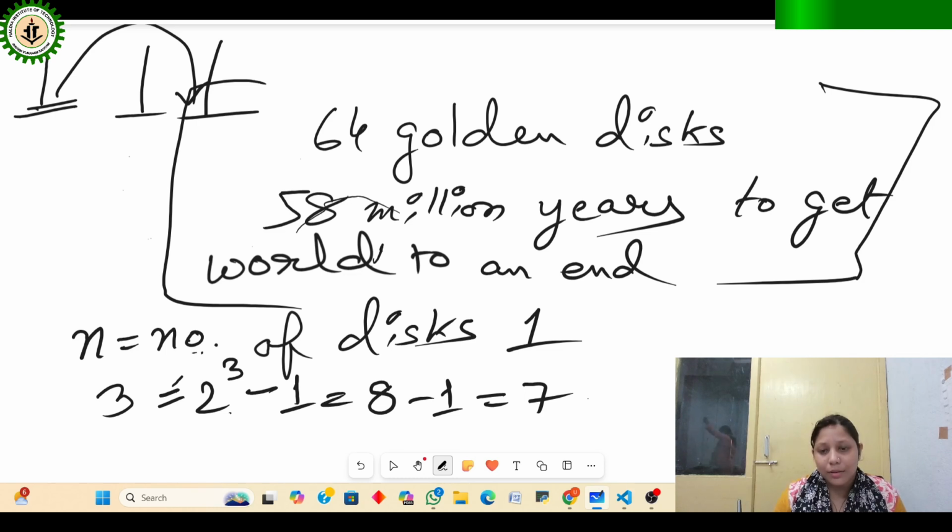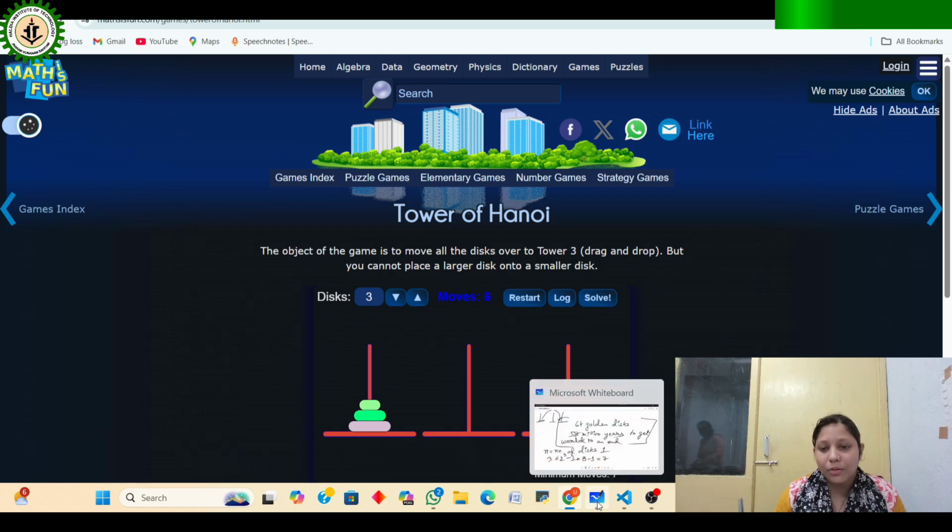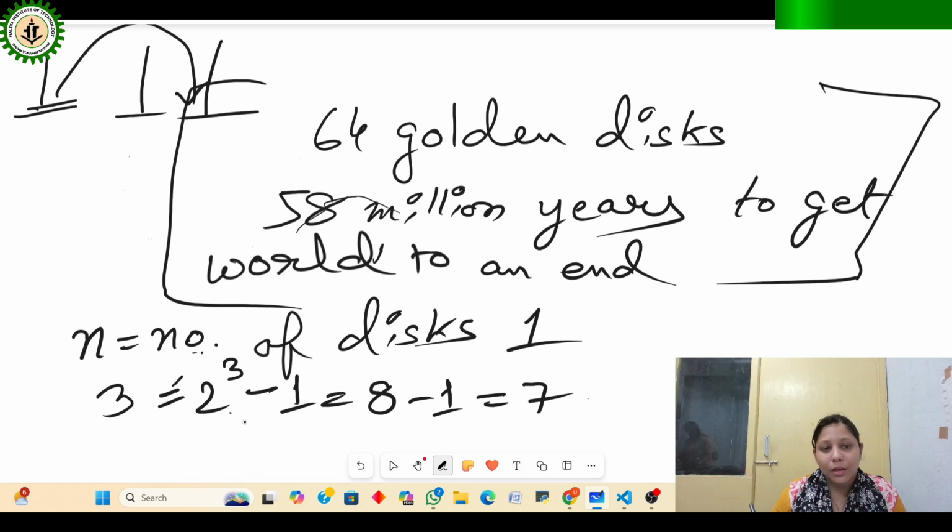That means here we require at least 7 moves, minimum moves 7, written here. So, in this way, steps are counted.